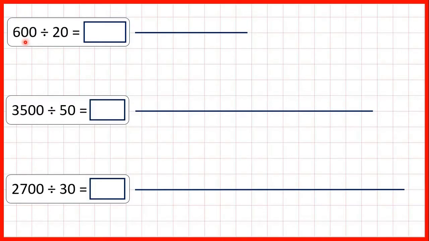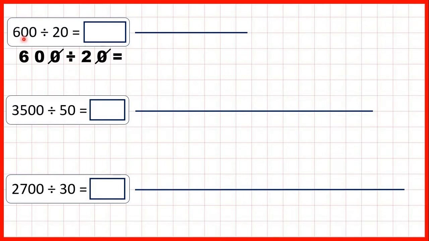Now for these questions, we start with multiples of 100, so numbers that end in 2 zeros, and we're dividing by multiples of 10, so numbers that end in 1 zero. First, we have 600 divided by 20. Now what we can do when we have division questions with end zeros is cancel the end zeros.